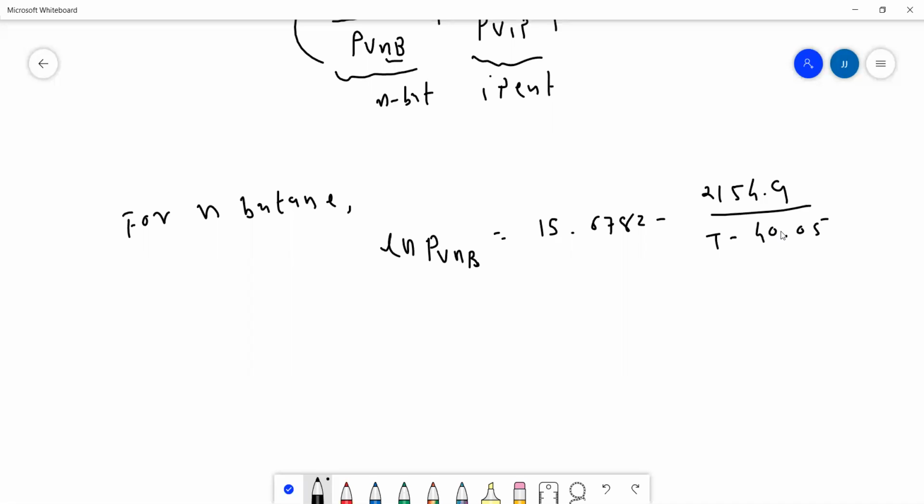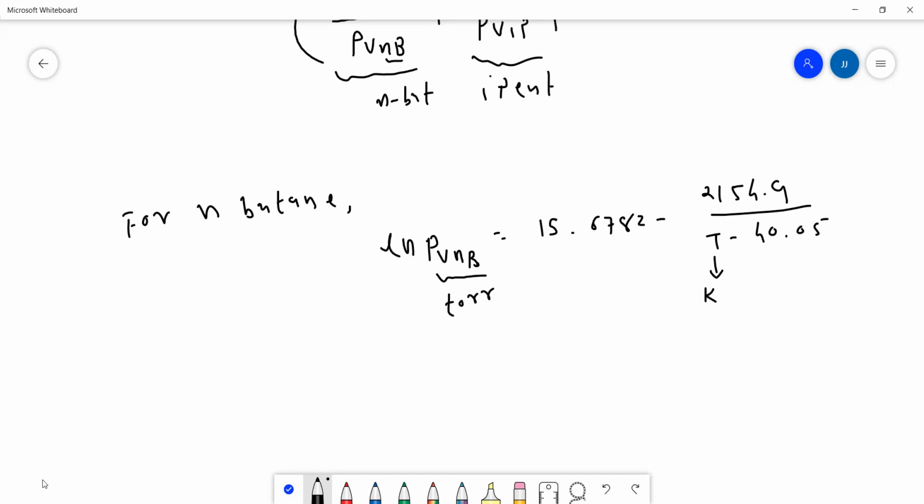Here pressure is in torr, and T is in Kelvin.